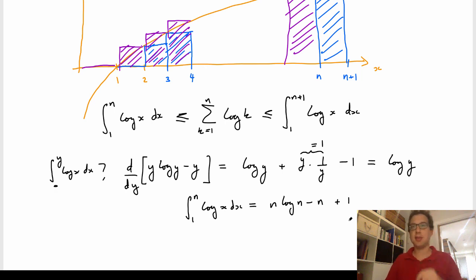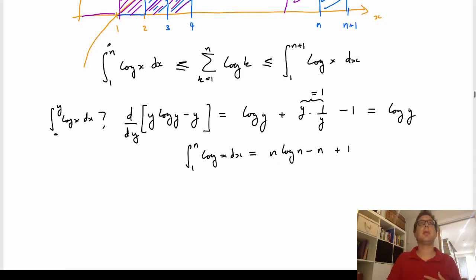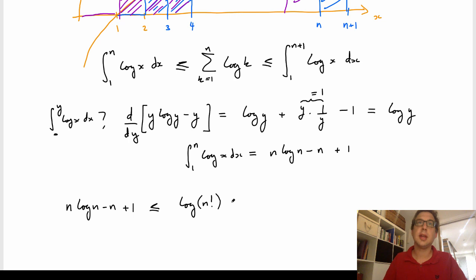Yeah, that slightly changes my result at the top, but let's not worry about that for now. So in other words, what I'm going to get here is that n log n minus n plus 1 is less than the sum, well, let's say log of n factorial, which is less than n plus 1 log n plus 1 minus n plus 1, and then we've got plus 1 on again.